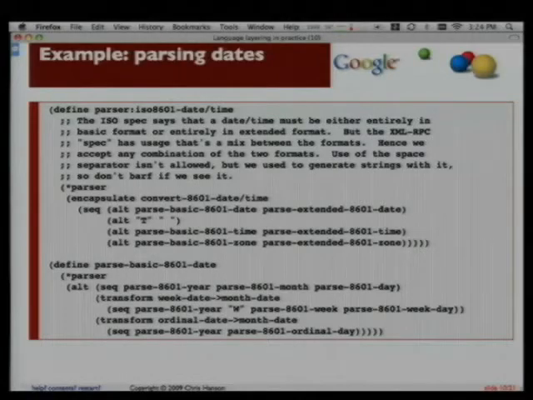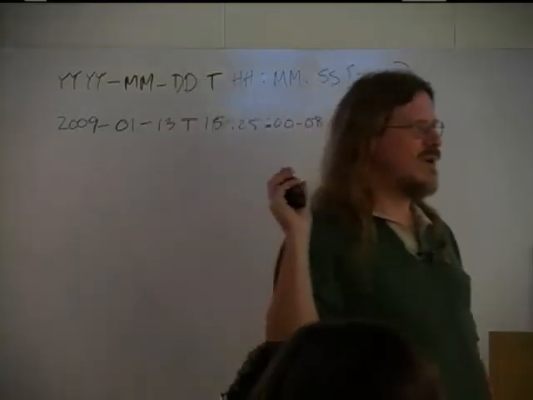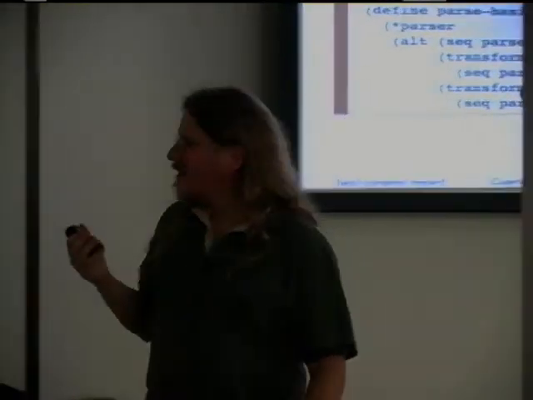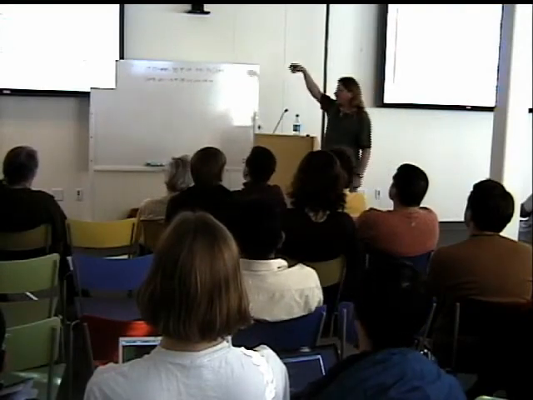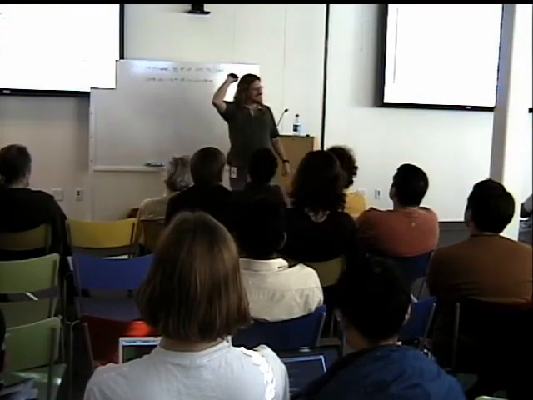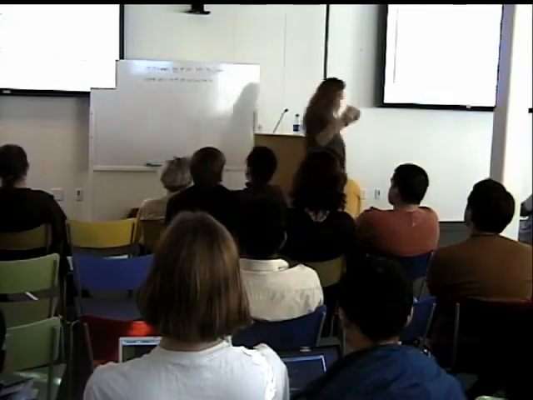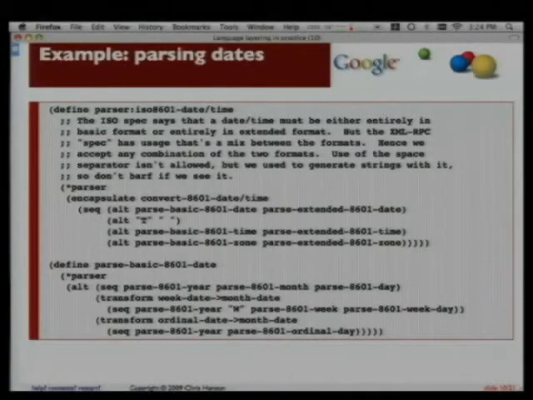This has to do with the fact that ISO 8601 defines a basic format and an extended format, and I can't remember which is which. One of them has the hyphens and the colons, and the other one doesn't. Go figure. Strictly speaking, you either choose all basic or all extended, but it turns out that for various reasons we needed to mix them, and I think the comment actually explains it, but whatever.